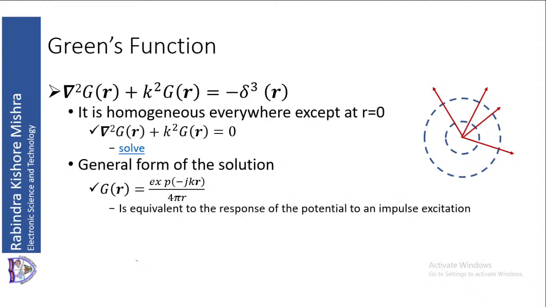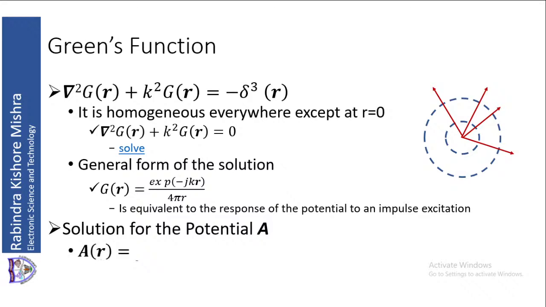So this is equivalent to the response of the potential to an impulse excitation that we already have seen, because the right hand side is minus delta(r). So G(r) is equivalent to the response of the potential to an impulse. And once you know the Green's function, we can find the solution for the potential A. A(r) will be equal to mu J(r') into G(r minus r').